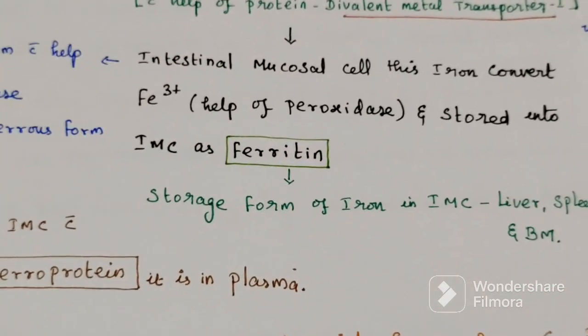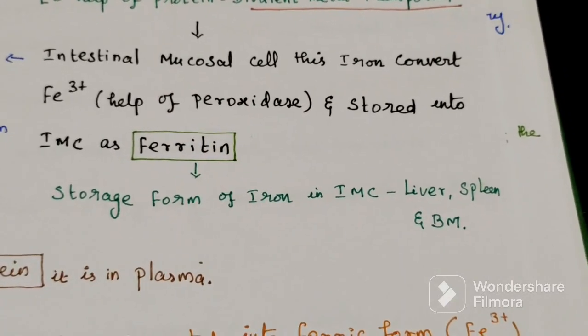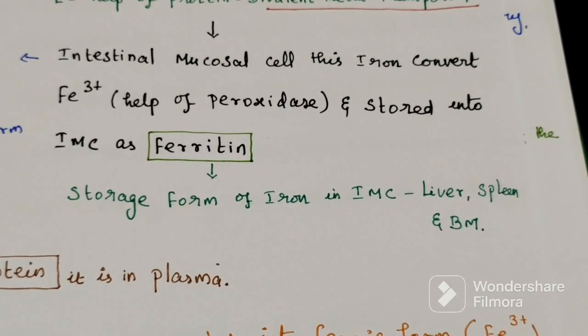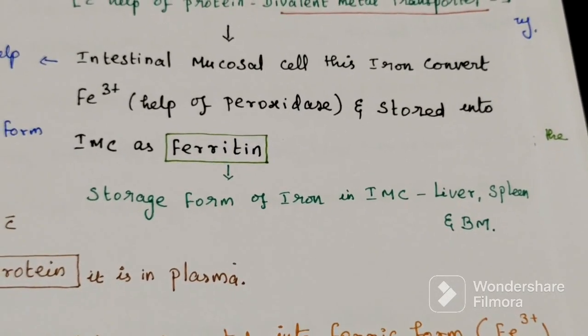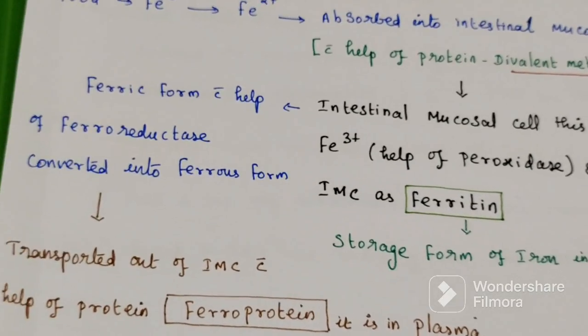This ferritin is the storage form of iron in intestinal mucosal cells, liver, spleen and bone marrow.